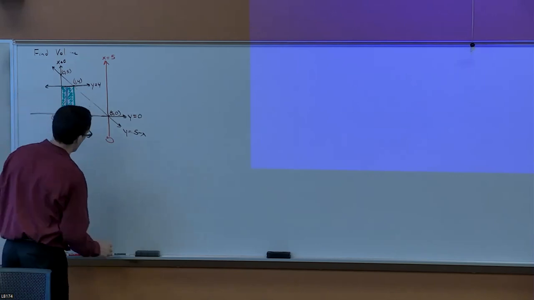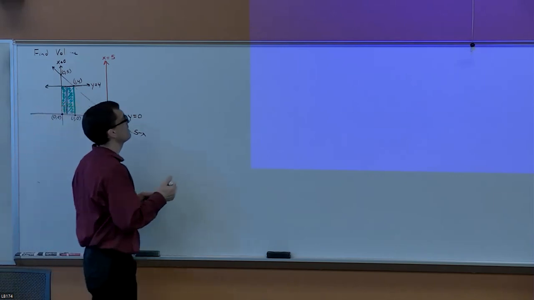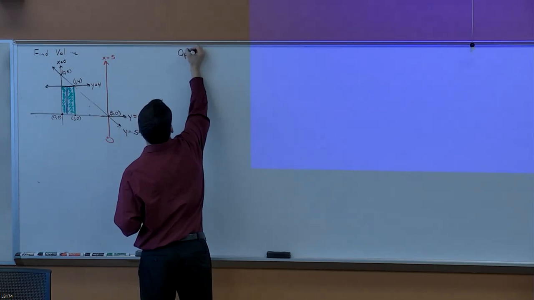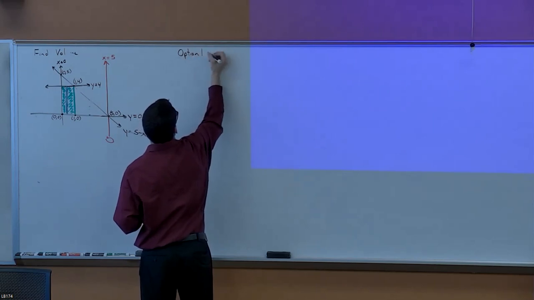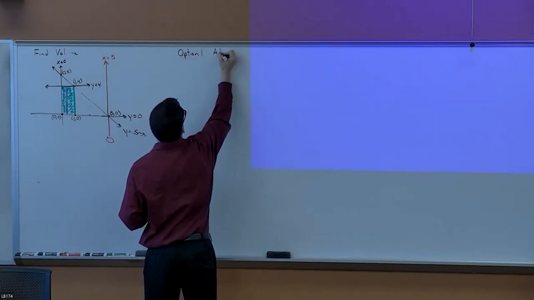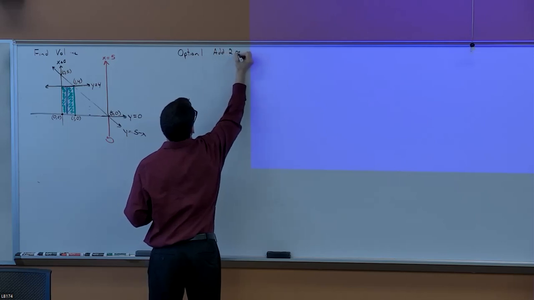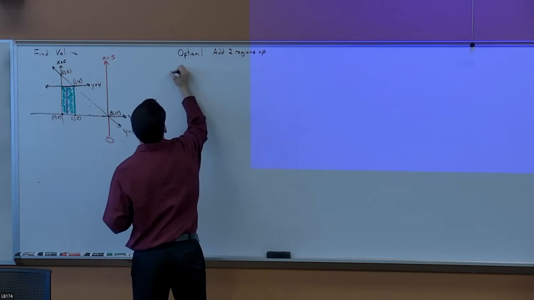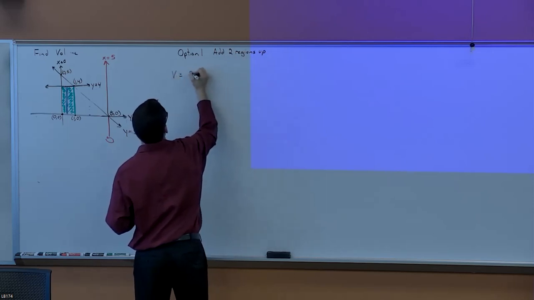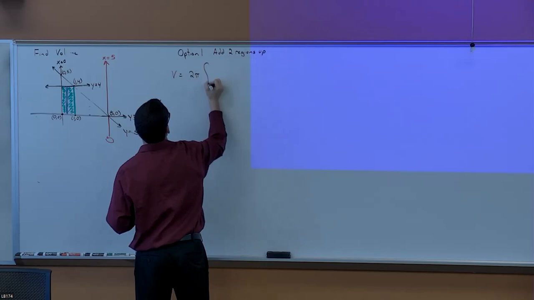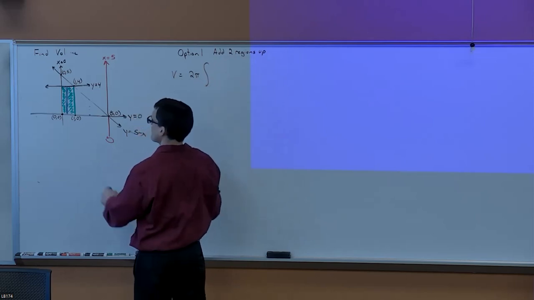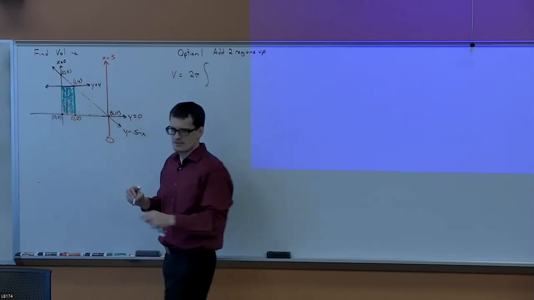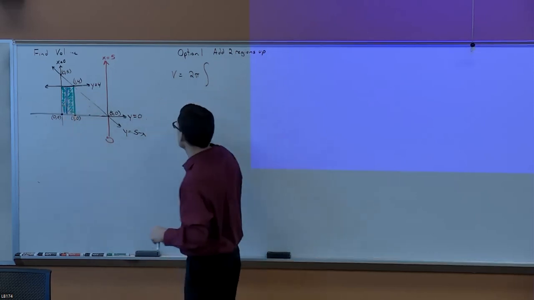Okay. And if I did shell method on that region, it would be 2 pi. I'm integrating, well, first off, everything's with x values. I should have said that. This is x values.